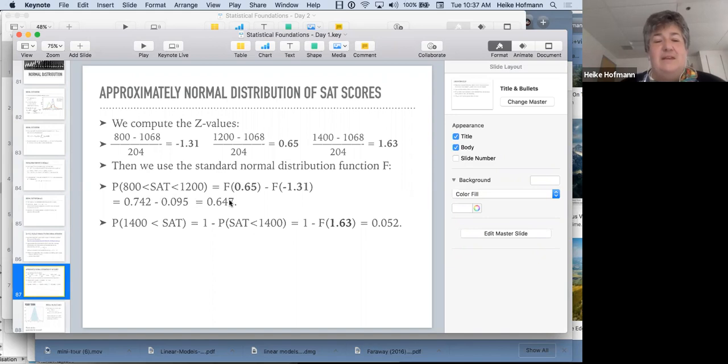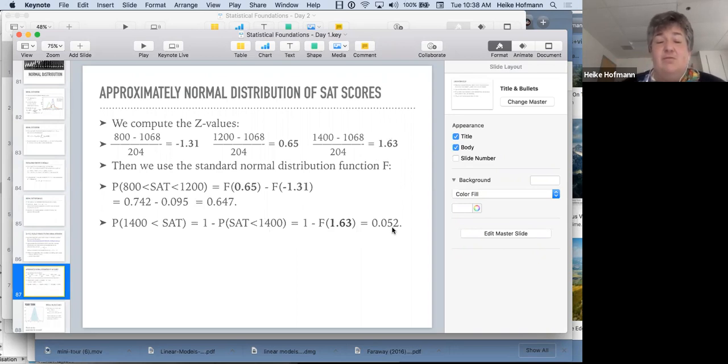For somebody having a score above 1400, that's the complement of being less than or equal. And I said for continuous distributions we don't have to be that fussy about the equal symbol, but proper math would be to have a less than or equal sign here. So we put in the z value for 1400, and we come up with a probability of 5.2%.